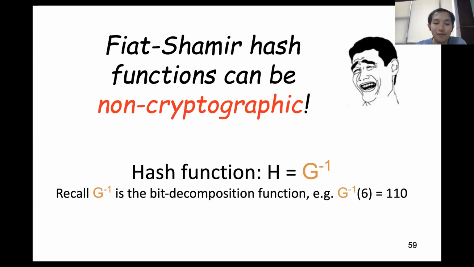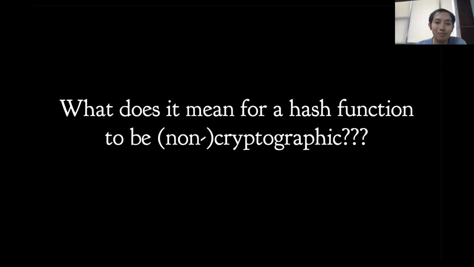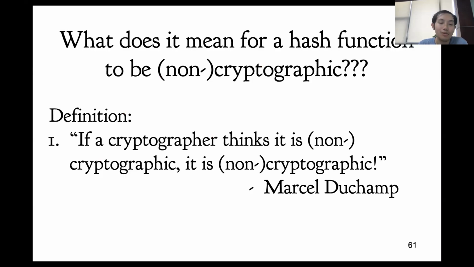But to make a formal analysis of what it means to be cryptographic, we first need to define what it means for a hash function to be cryptographic or non-cryptographic. The first treatment is, if a cryptographer thinks something is non-cryptographic, then it is non-cryptographic. Namely, it is what it is.